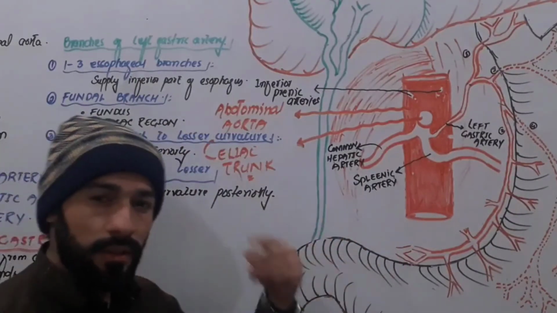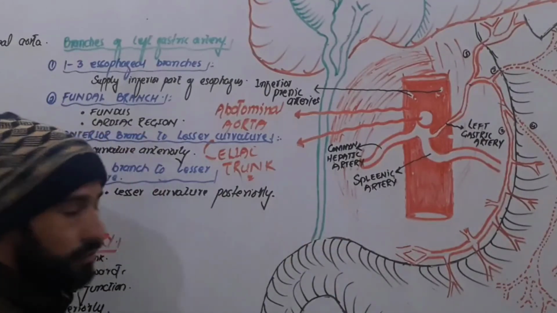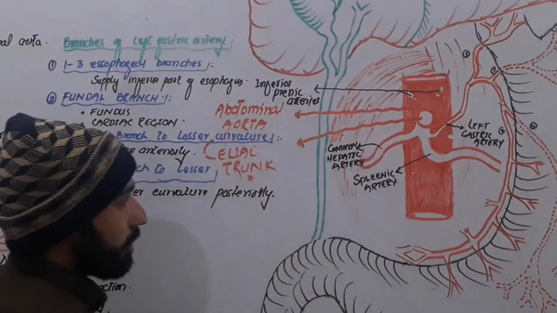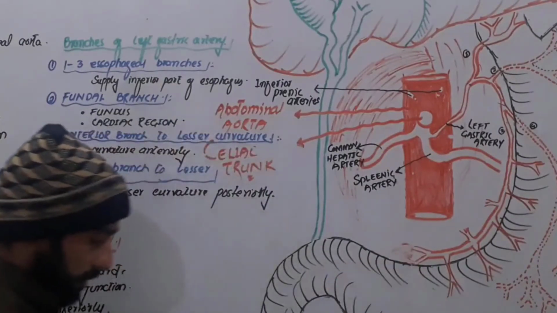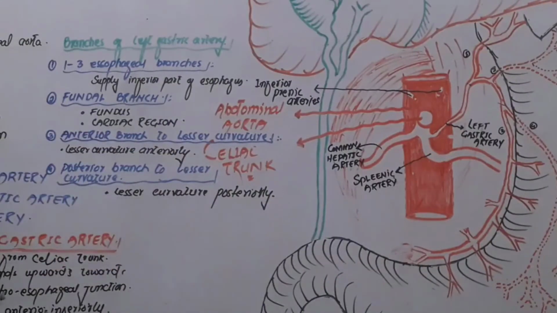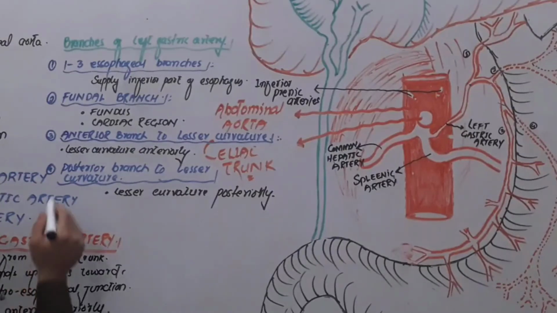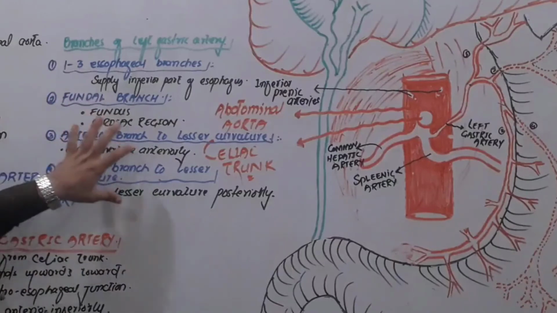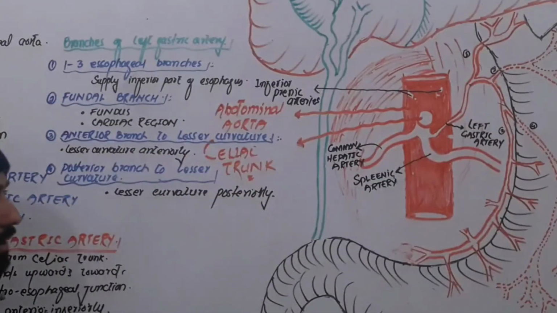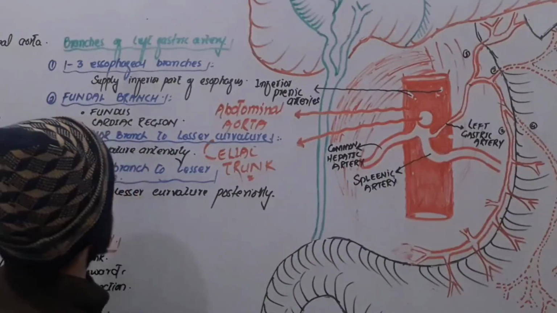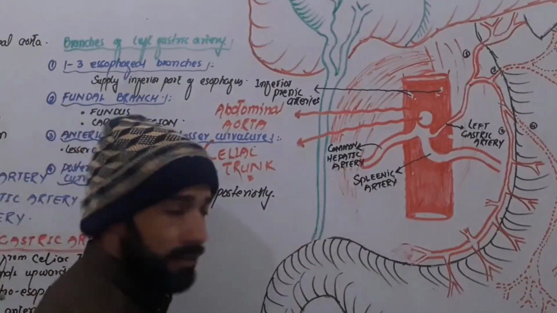That will be seen in the next lecture when we are discussing the branches of the common hepatic artery. So we are not going to discuss that right now. These were the important branches of the left gastric artery. Now in the next lecture I will discuss the branches of the common hepatic artery.